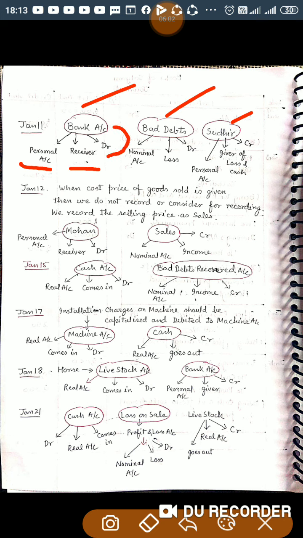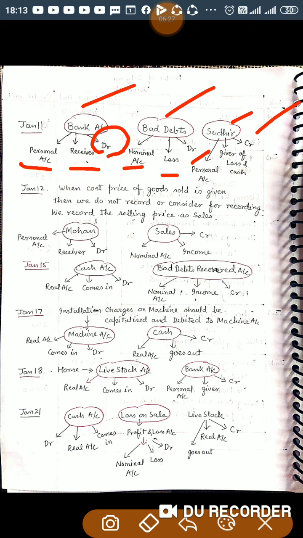Debit the receiver, credit the giver, so bank account will be debited. Bad debts is a nominal account. It is an expense, a loss for the business and should be debited. Bad debt is the amount which is irrecoverable from him. So the irrecoverable amount is 40%, that is 40% of 20,000, that is 8,000.